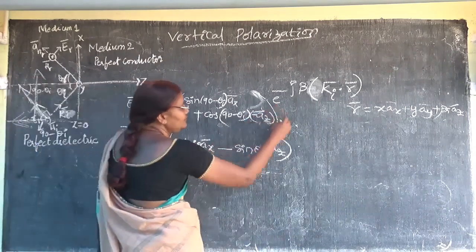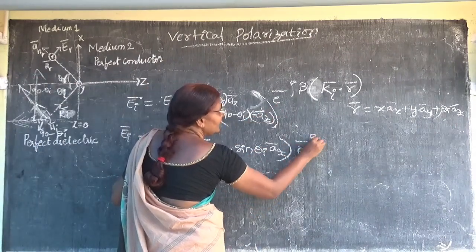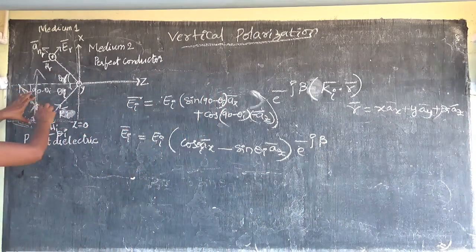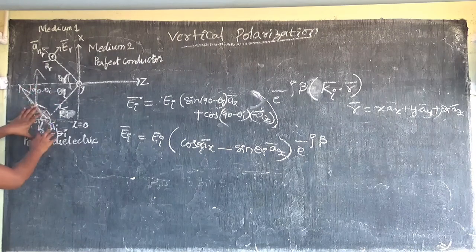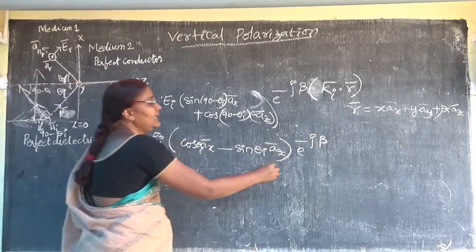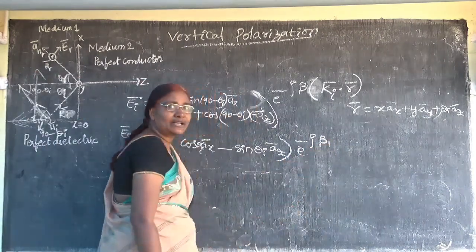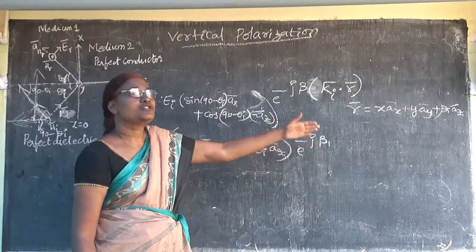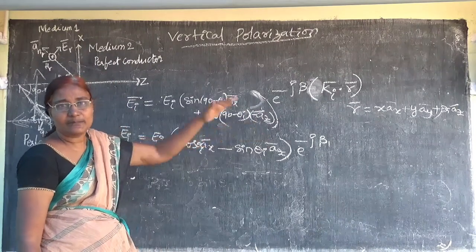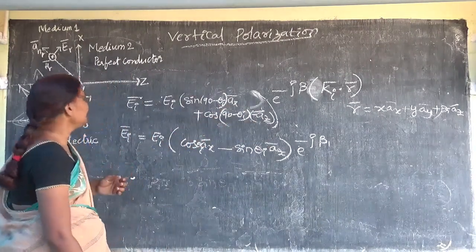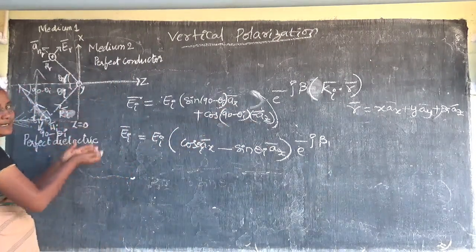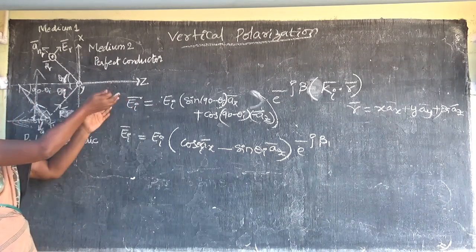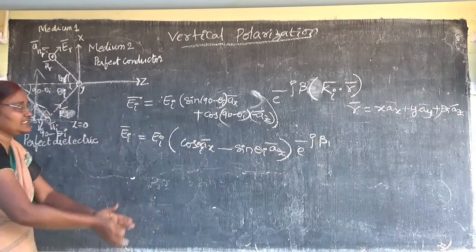And e to the power of minus j beta, and in which medium is this? In the first medium, so I will take the subscript as 1. In the second medium also I can have some phase angle, so I should represent that beta with beta 1. And fortunately my boundary is a conducting boundary, so I don't have any transmitting wave here. Total wave will be reflected.